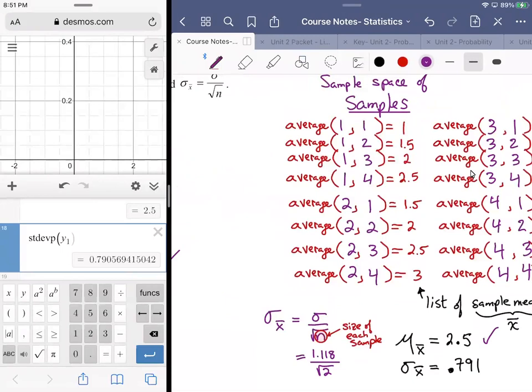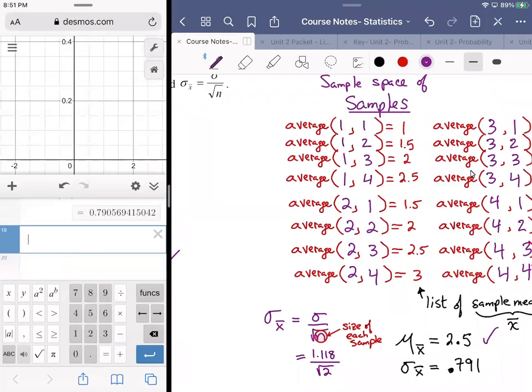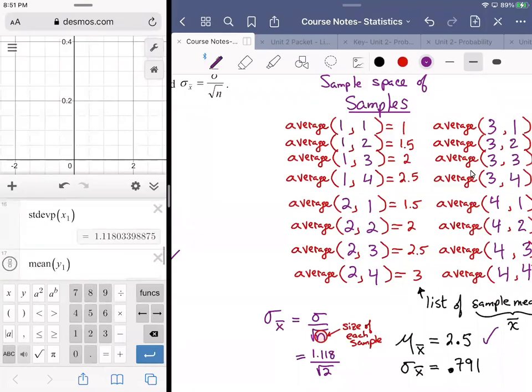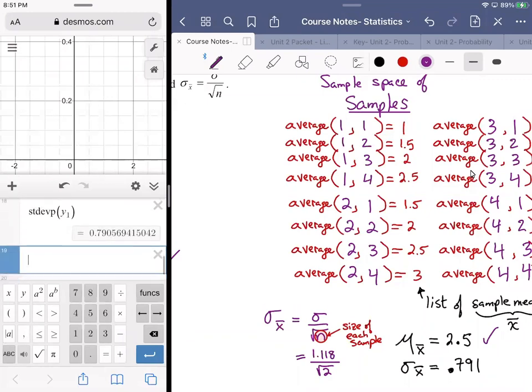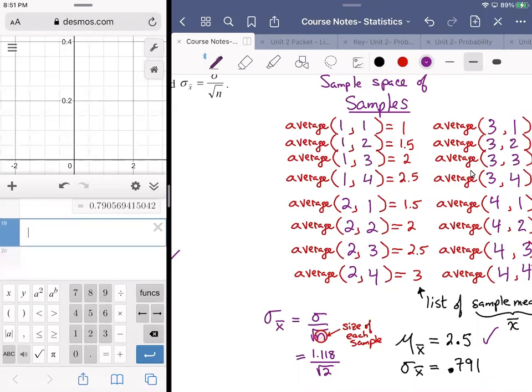All right. So if we did our computations correctly, then what we got for sigma up over here, that 1.118, divided by the square root of n, should be equal to 0.791 approximately.